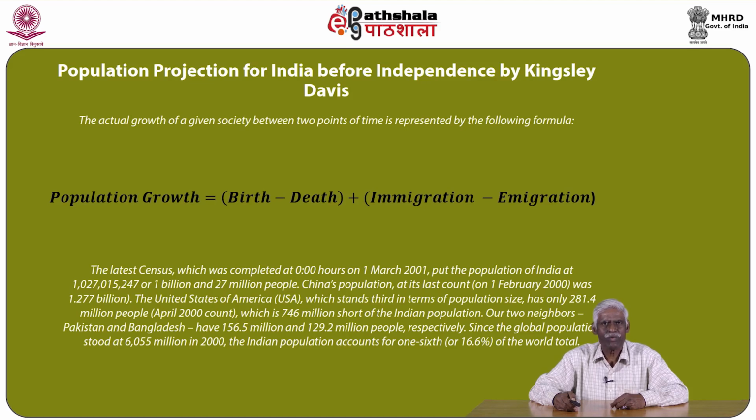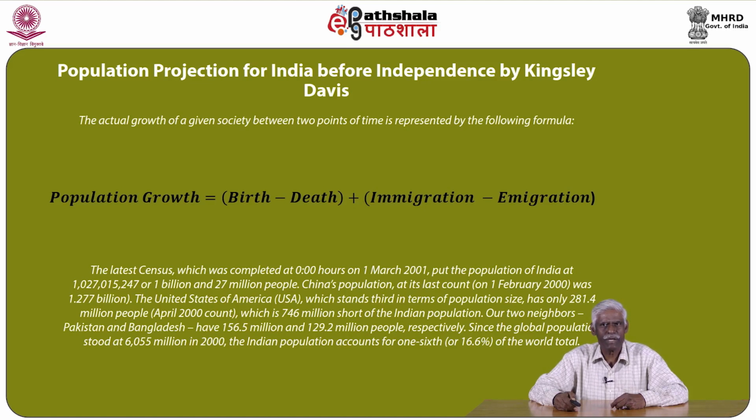Let us discuss some of the facts. The latest census, completed on 1st March 2001 and subsequently in 2011, put the population data in terms of its size. When we compare with China, India ranks second in the entire world.